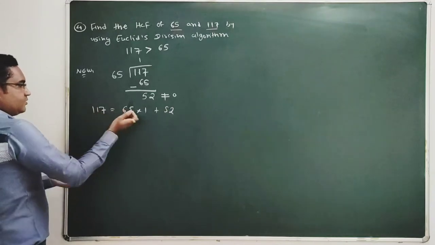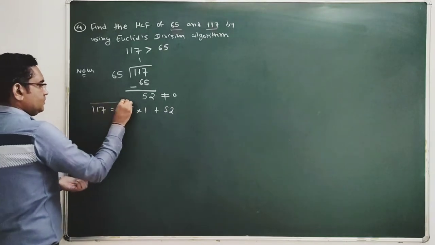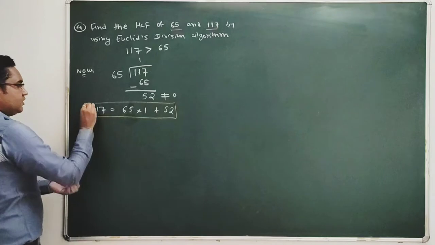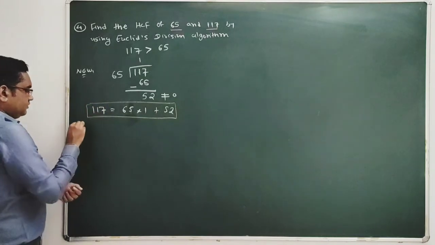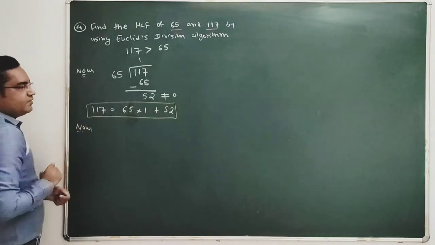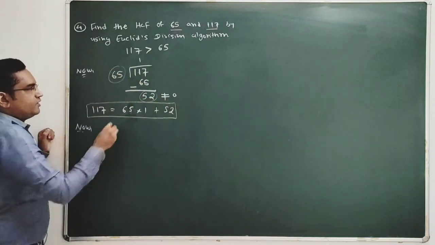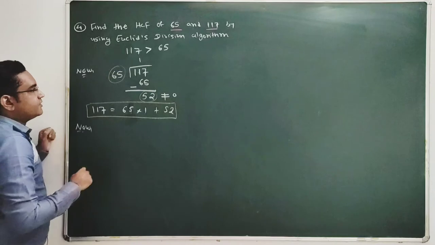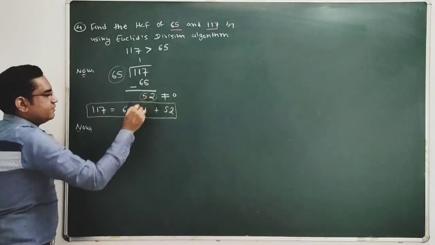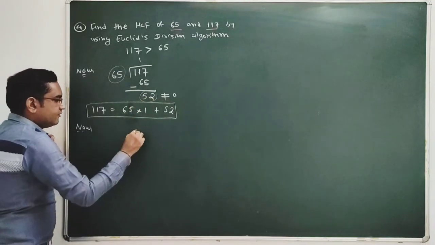So when the remainder is not equal to 0, we have to again apply Euclid's division algorithm. We'll apply it on 65 and 52, and for that 65 will be considered as the dividend and 52 as the divisor.